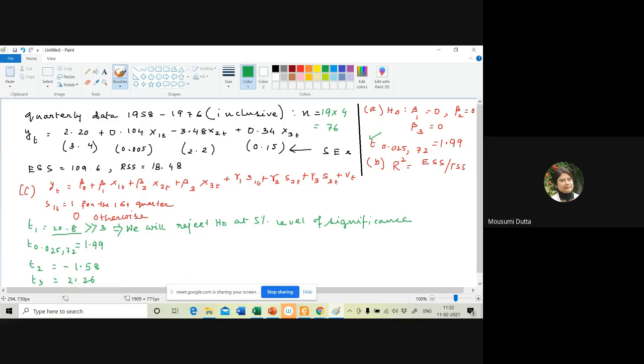So what will happen regarding beta 2? For beta 2, will we reject or accept H naught? Accept H naught. And for beta 3? Reject.